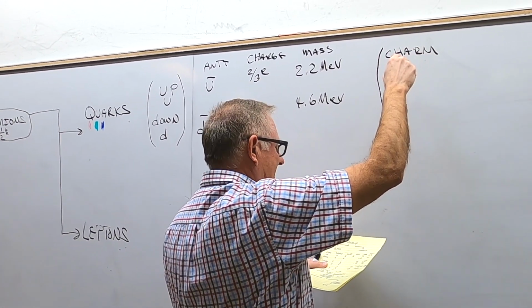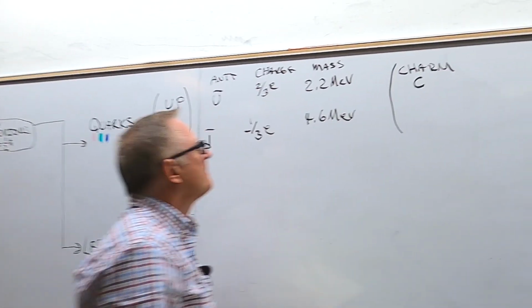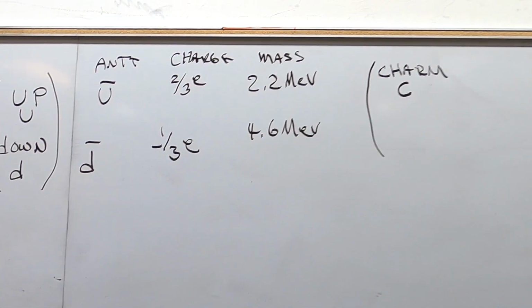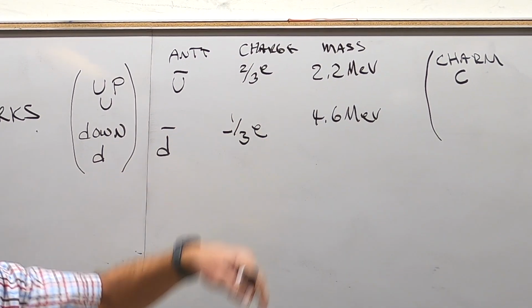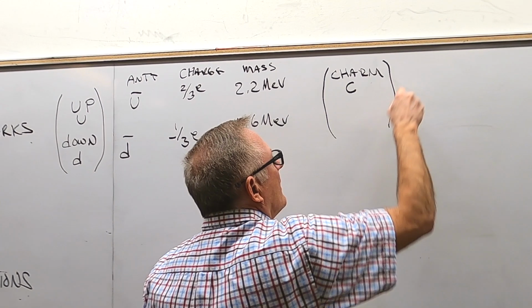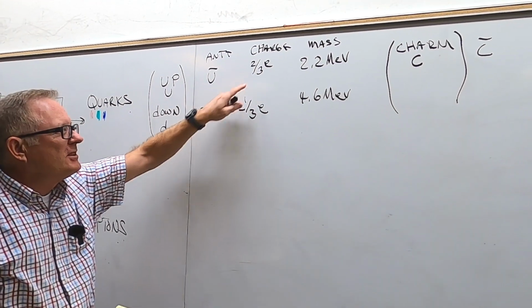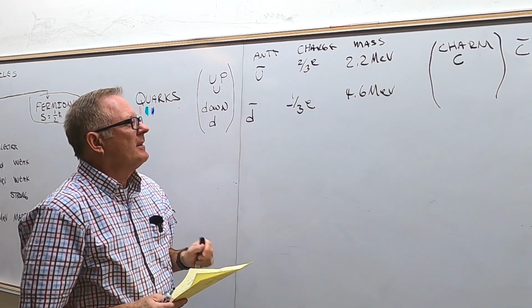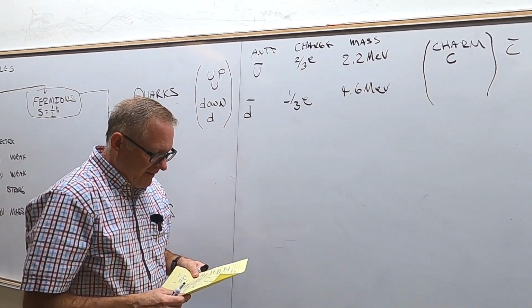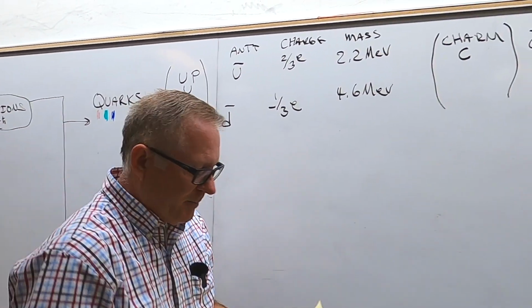It has an anti one, which would be C bar. It would have the same charge as this, 2/3 right here. The only thing that's different is the mass is a little bit bigger.